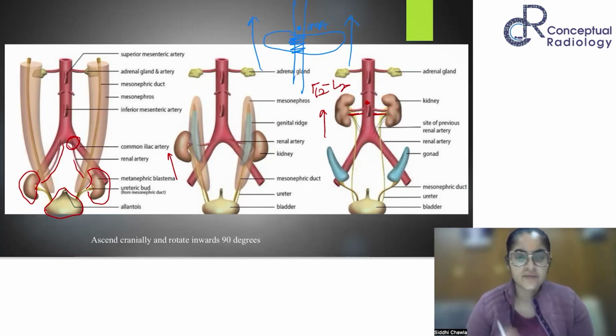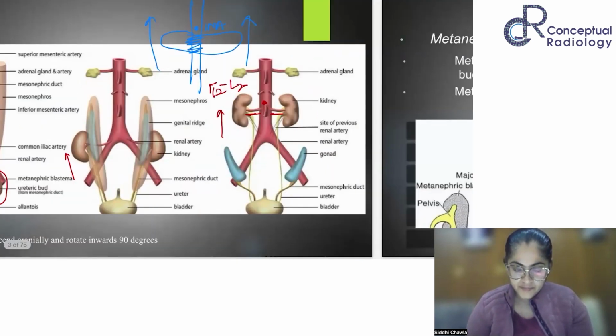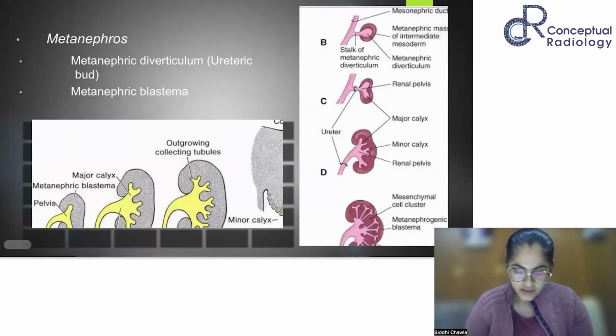So that is how embryology helps you understand why such pathology is occurring in a person. Now we understand how the pelvic calyceal system develops, and it forms in relation with the kidneys.